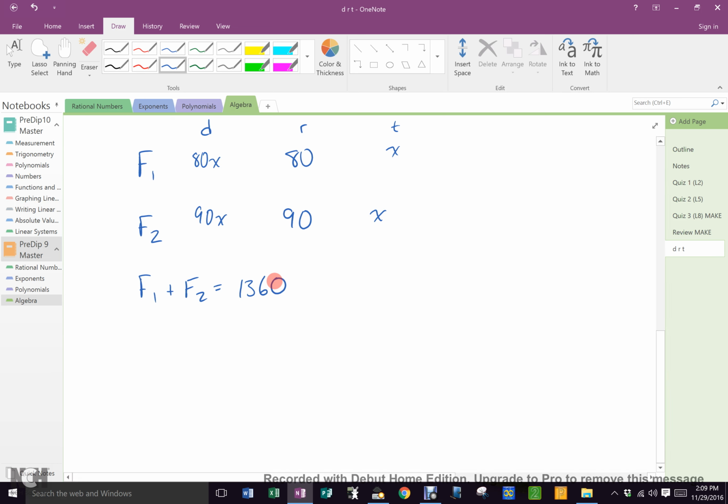So that should be the chart, yeah? Yeah. So what do I do with that? 80x plus 90x has to equal 1360, yeah? 170x has to equal 1360. What does x equal? 8, right? So the time was 8 hours, yeah?